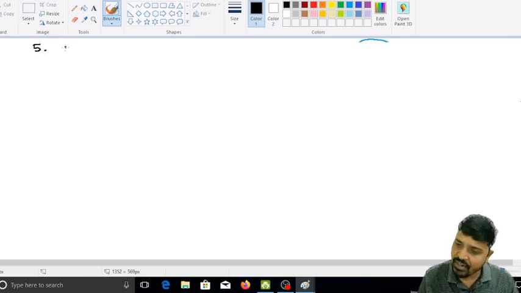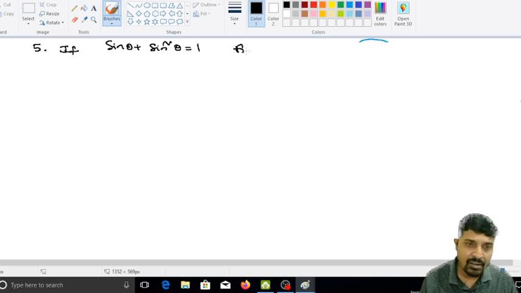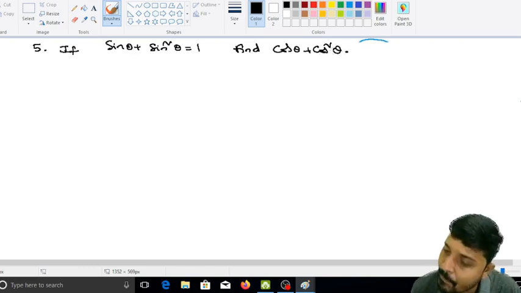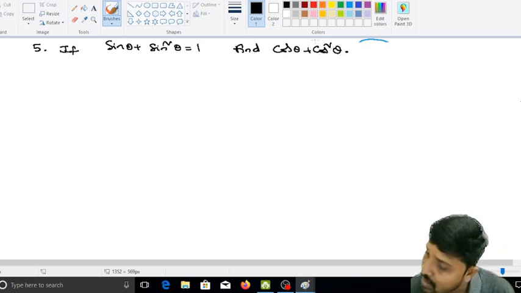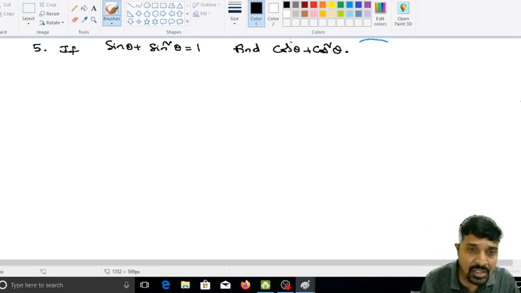So the sum number 5 is, if sin theta plus sin square theta is equals to 1, then find the value of cos theta plus cos square theta. Okay, I'm sorry, this is cos square theta and this is cos power 4 theta.